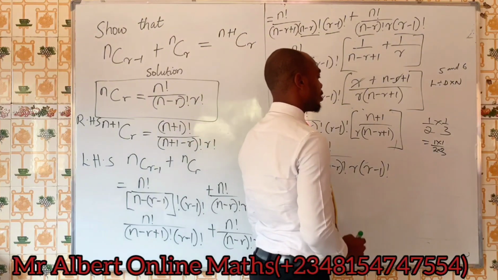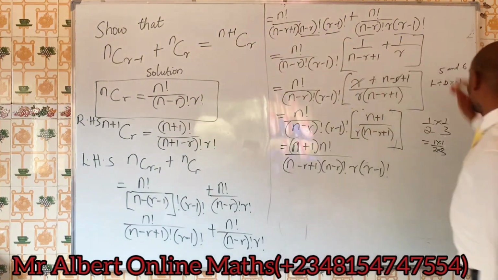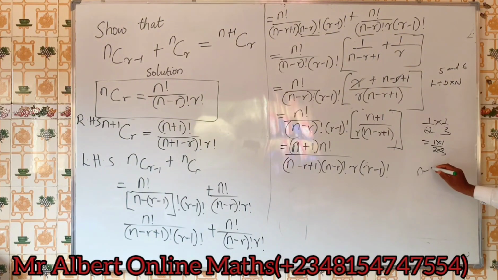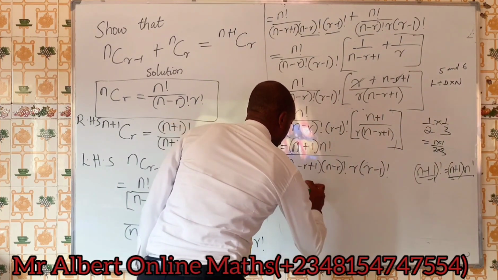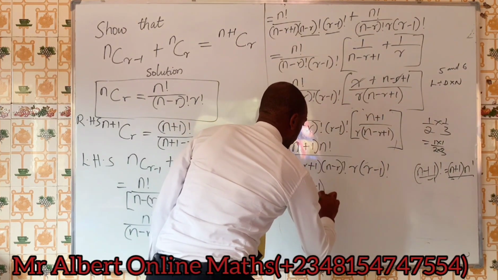Now take note of the expression. When I gave you n plus 1 factorial, n plus 1 factorial means n plus 1 times n factorial. If you reduce this expression by 1, what you have is n factorial and so on. So instead of this expression, I will pick this one again. So we have n plus 1 factorial.